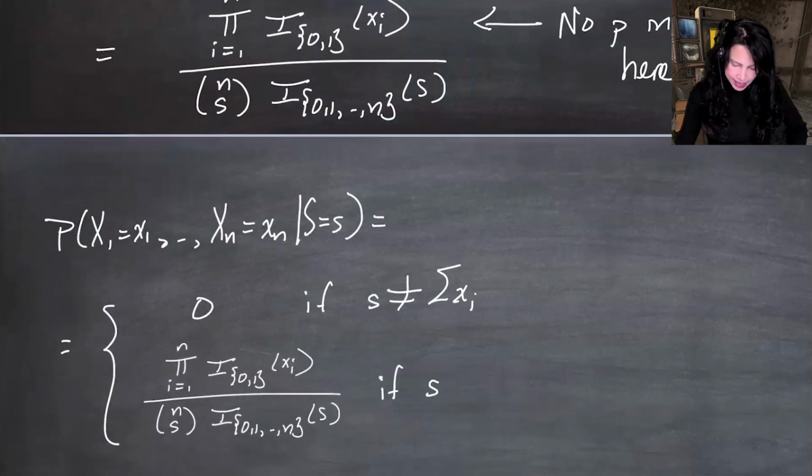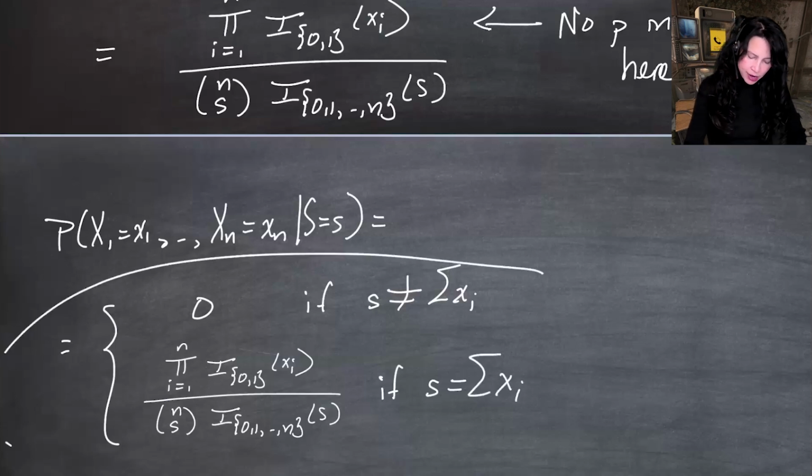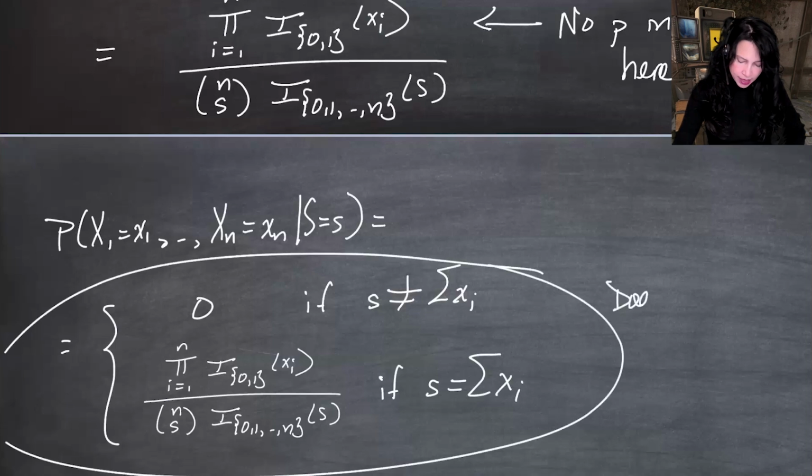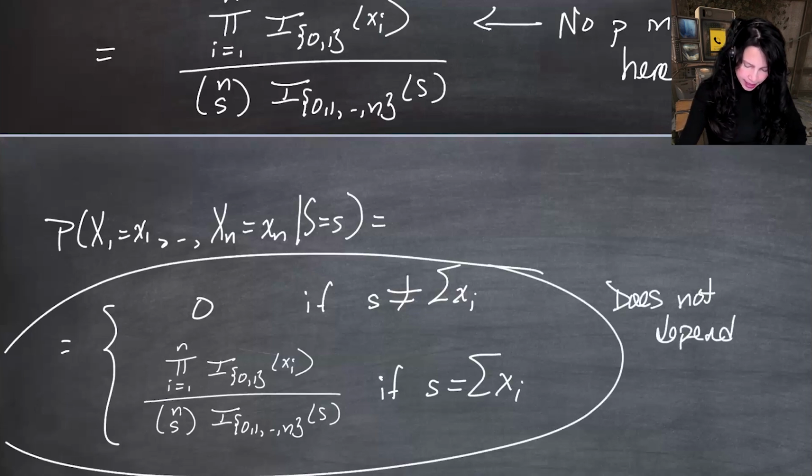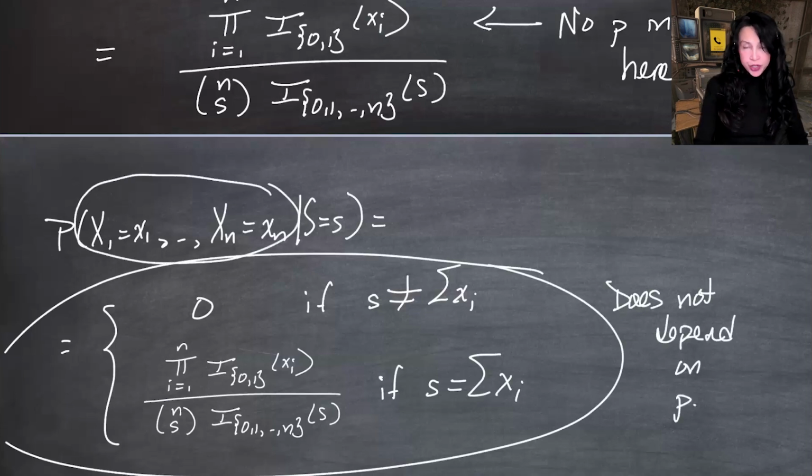If little s equals the sum of the little x's, but this entire thing does not depend on p. So we looked at the joint distribution of all of the x's given this statistic.